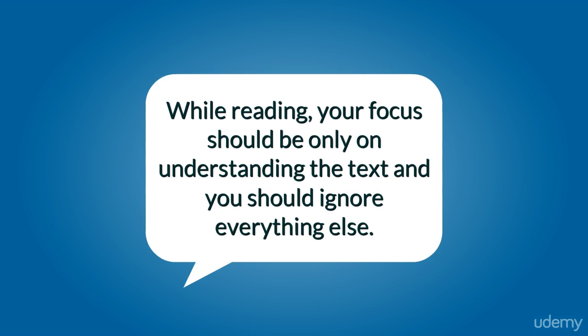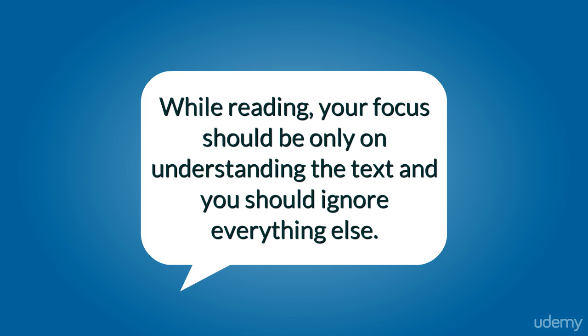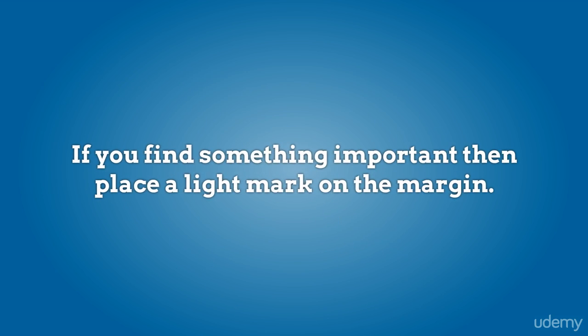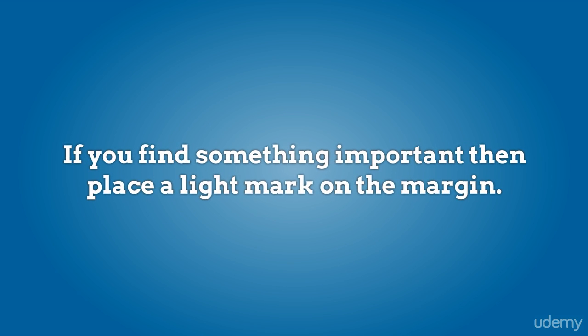On the other hand, if you find a really important concept and you want to underline or highlight it, then place a light mark on the margin of the page. You can come back to these marks in the later stages. If you don't stop for underlining or highlighting, your focus on the text is improved and it saves a lot of time in the long run.